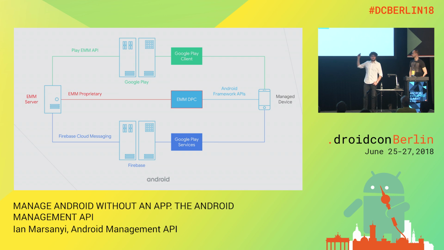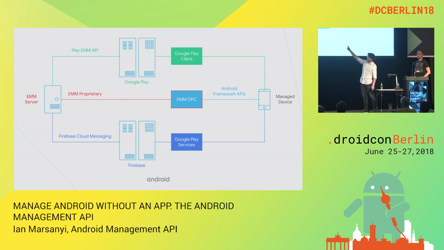So this is the traditional architecture diagram for managing an Android device. You've got a few different bits and bobs to work with. First off, you have your EMM server or your application server that's deciding all the policies and management constructs you need to apply on the device. But to get all of that information down to the device, you have to work through a few different channels.